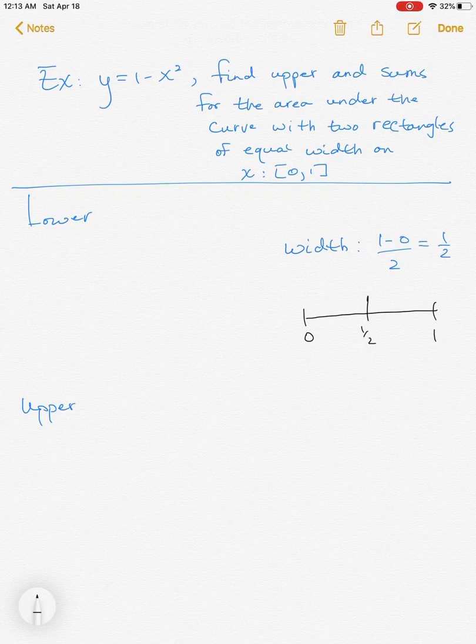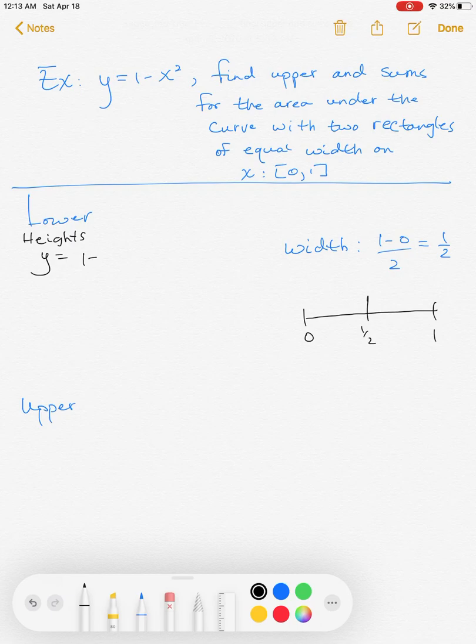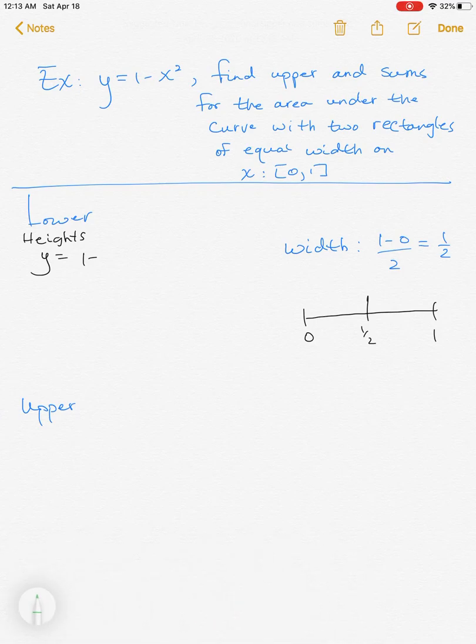Here, these are the heights for the lower sum. y equals 1 minus, for the lower sum, I'm gonna go to my far end right here, 1 squared, that's going to give me 0.